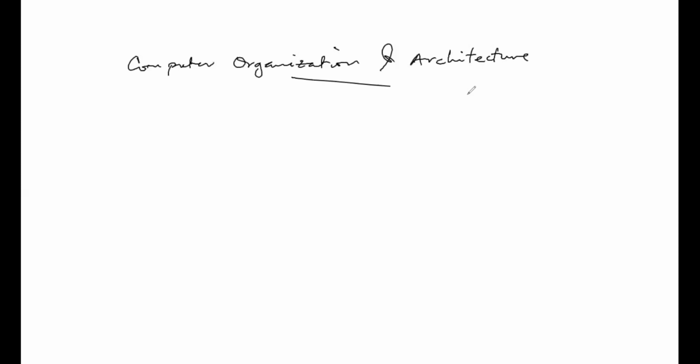So we were able to deal with two major aspects. We said the architecture deals with the instruction set, the memory addressing techniques, the bit representation of data, and input-output mechanisms. And then we said the computer organization deals with the control signals, the interface between the computer, memory, peripherals, the CPU, and all of that.